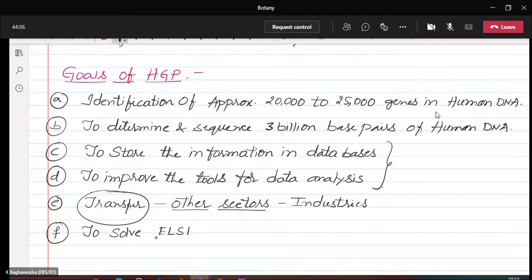We have to be bound by rules, regulations and norms: ethical norms, legal norms, and social issues also have to be considered. For example, there is a population residing in one area and another population residing in another area. You take out that particular genome and analyze it and you get the result.